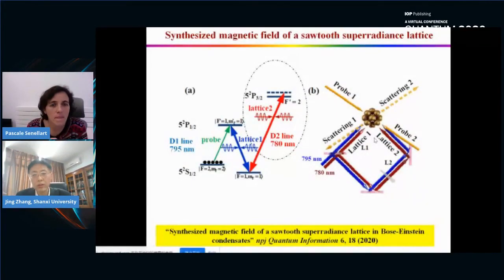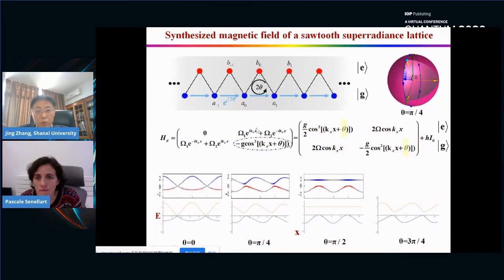So in our experiment, we can change all the parameters, like the detuning and the coupling strength. We can also add another lattice and generate a super lattice, and with it synthesize a magnetic field.